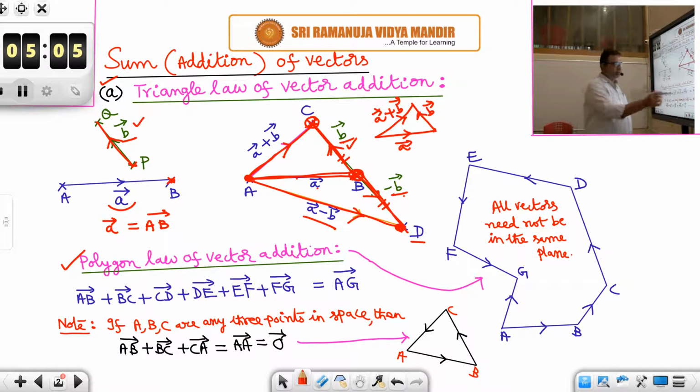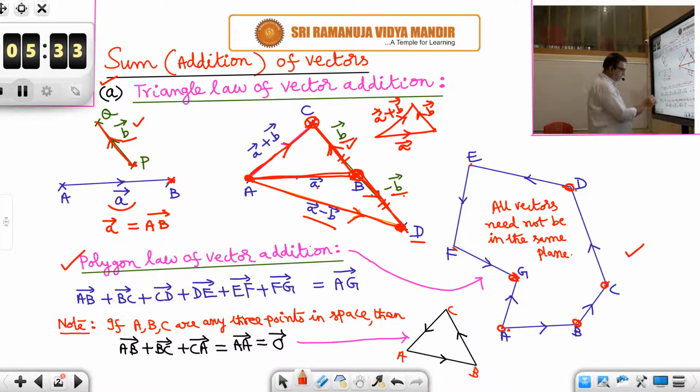For example, here in this diagram you see AB bar is a vector, A is the initial point, B is the terminal point. Then BC bar is another vector, B is the initial point, C is the terminal point. Next CD bar, another vector, C is the initial point, D is the terminal point. Next DE bar, EF bar, FG bar. Suppose so many vectors we are adding.